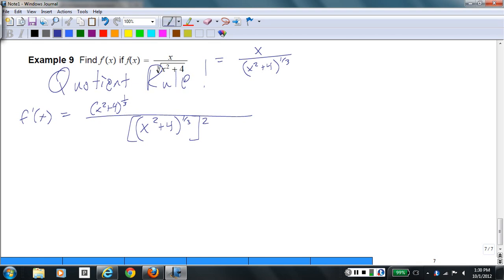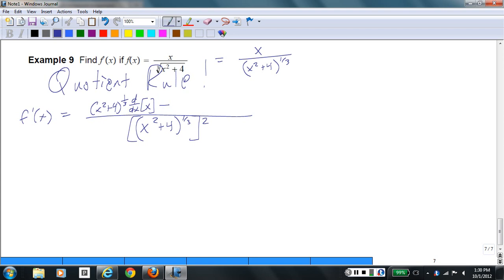I didn't take the derivative of that, so it must be that we need to take the derivative of the numerator. So multiply by the derivative of x. No trouble there. And then it's a minus. Quotient rule is a minus, so it's why it's important to have the order of those two quantities in the numerator correct. So the first quantity, the one that I've written, is the denominator times the derivative of the numerator.